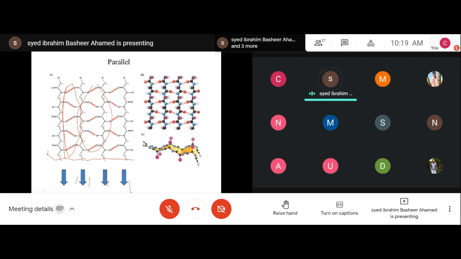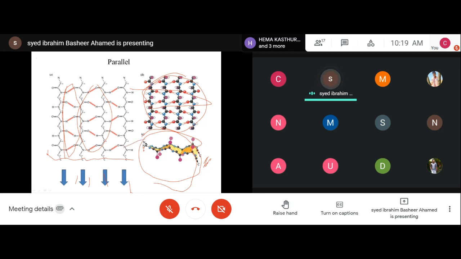And one more thing: what you are looking at here is a top view, and this one is a side view. So two adjacent beta strands: the N terminal is here and the C terminal is here.